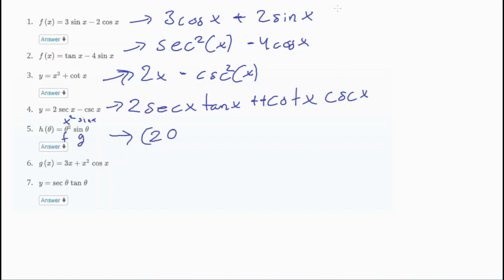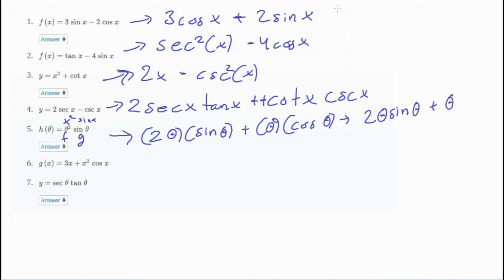So f prime is 2 theta multiplied by g, which is sine theta, plus f, which is theta squared, multiplied by the sine derivative, which is cosine theta. And if we multiply it out, we have 2 theta sine theta plus theta squared times cosine theta. And that would be your final derivative.